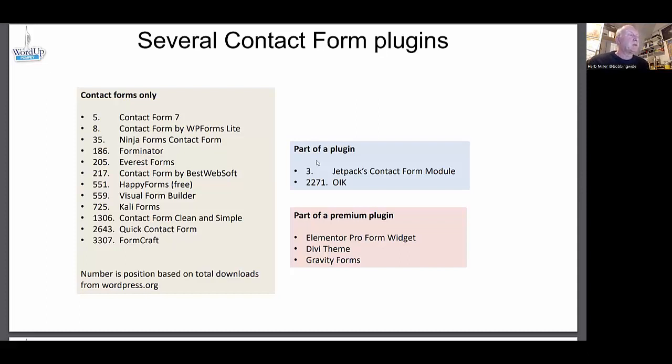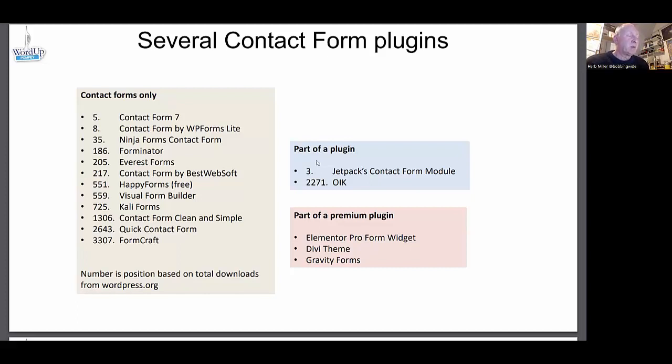And number 8, also in the top 10 or 12, is WP Forms contact form, WP Forms Lite. Then we have Ninja Forms, which I've heard of, and then quite a lot of the other ones I've never even heard of until I made that list.